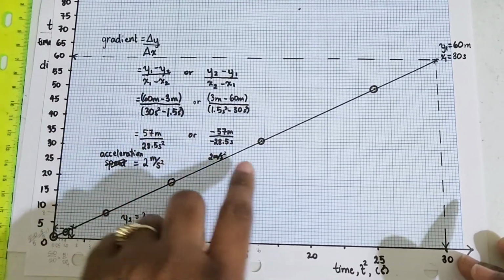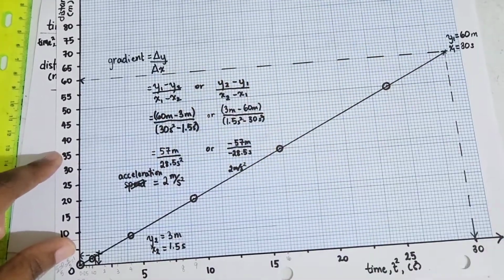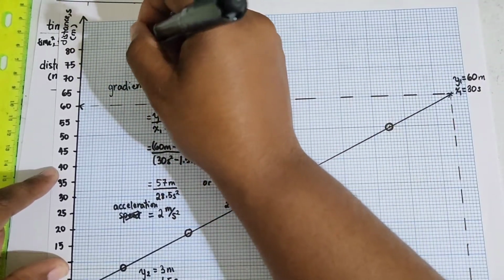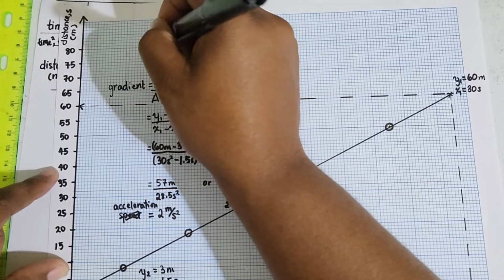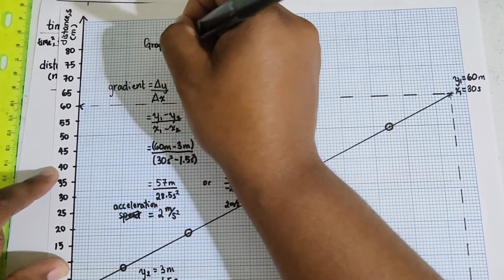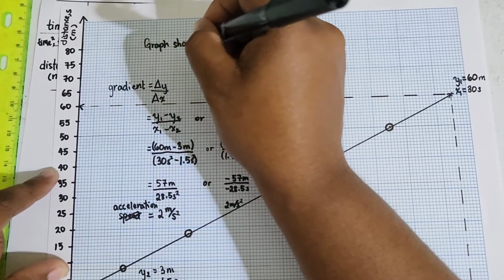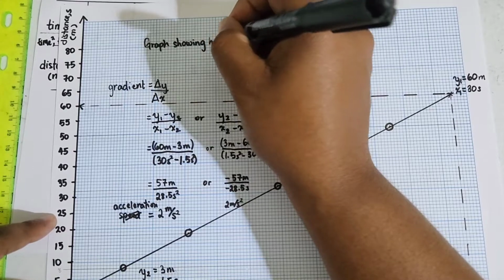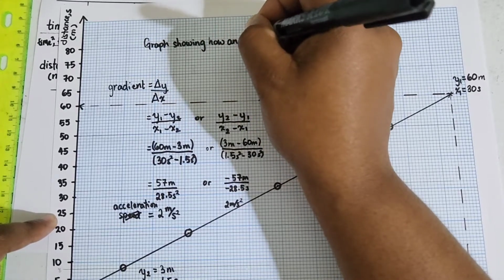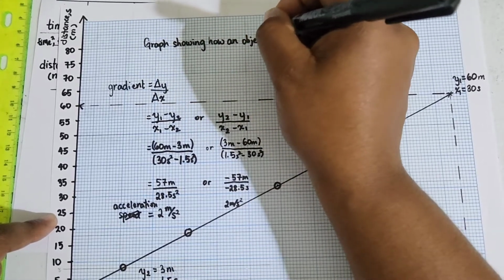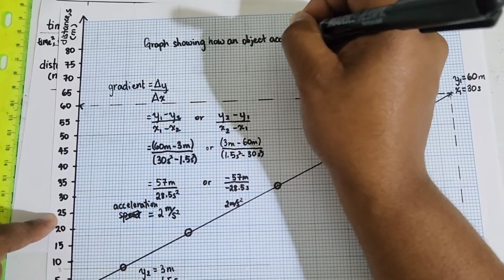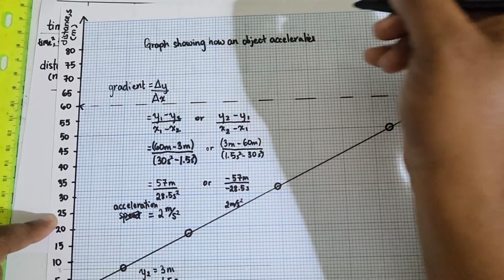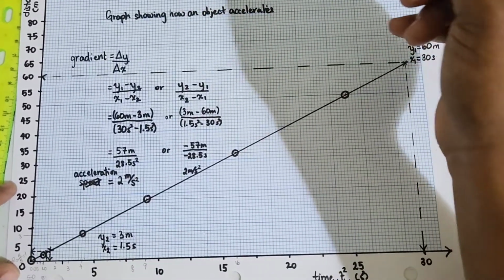You have to label the axes, and you also have to, in the end, give your graph a title. So this would state: graph showing how an object accelerates over time.